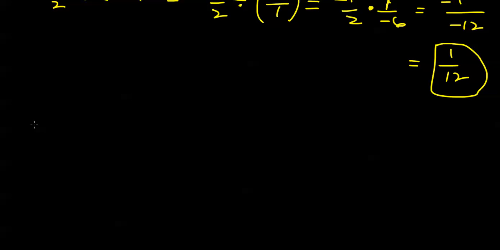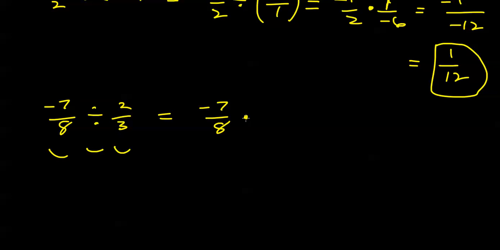All right, let's try another one. Dividing fractions, minus 7/8 divided by positive 2/3. Keep, change, flip. Keep the divisor expression, change the sign from division to multiplication, and flip. In other words, invert the divisor fraction in this problem. So I'll get minus 7/8, change it to a multiplication problem, times 2/3 inverts to 3/2.